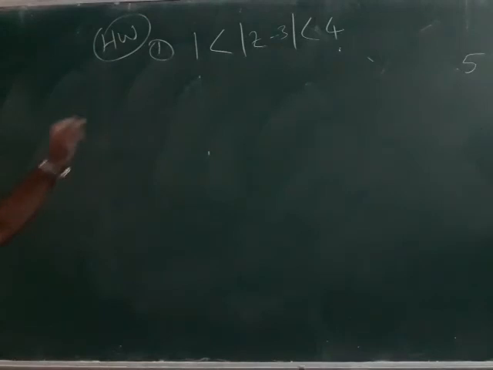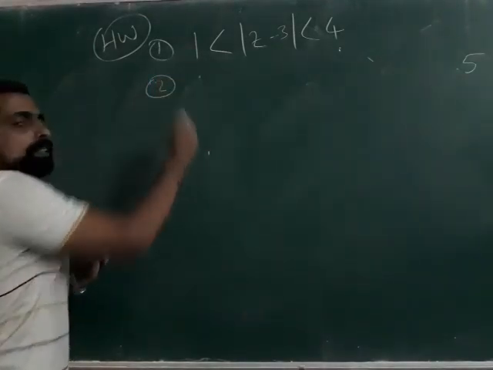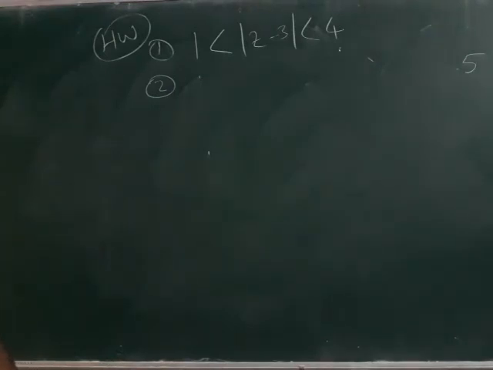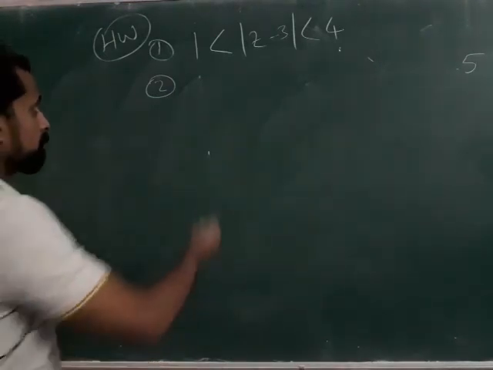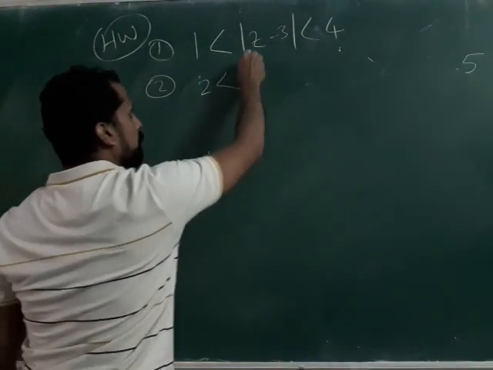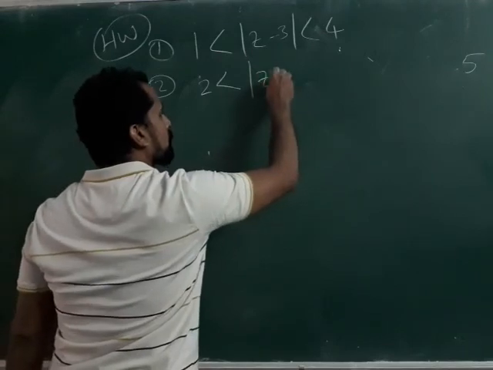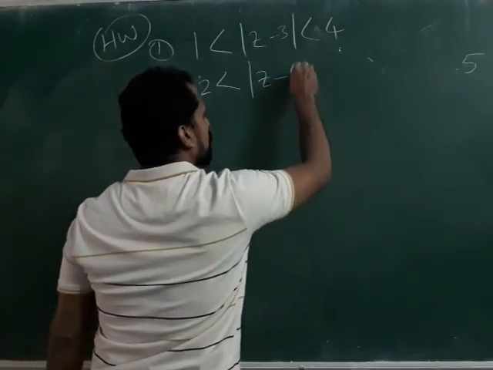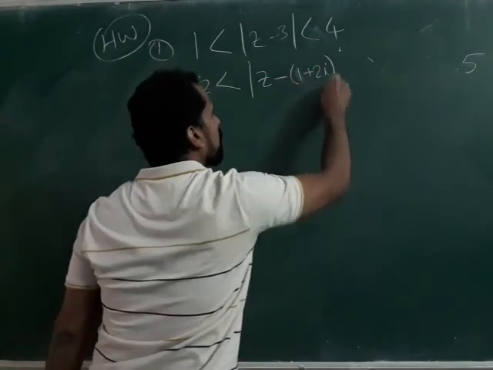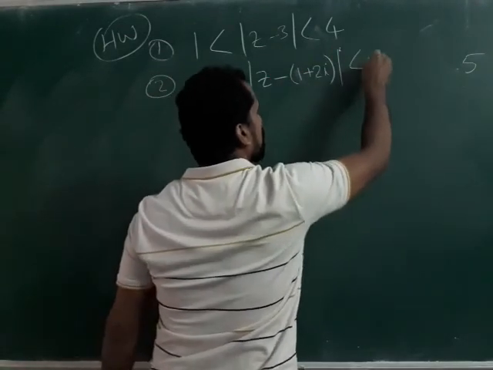You draw it. And you may take the region where you have 2 less than mod z minus 1 plus 2I less than 6.